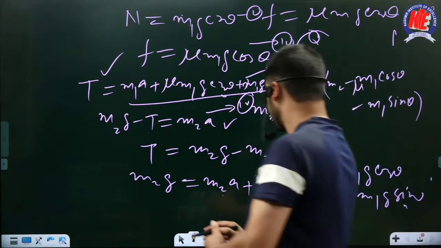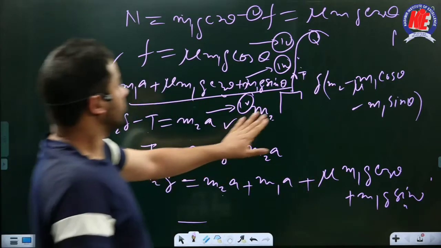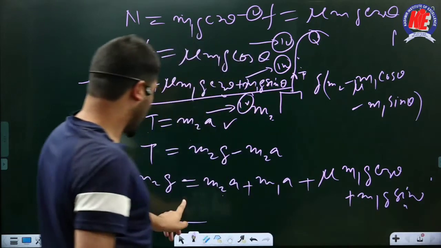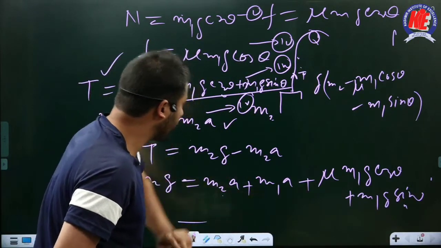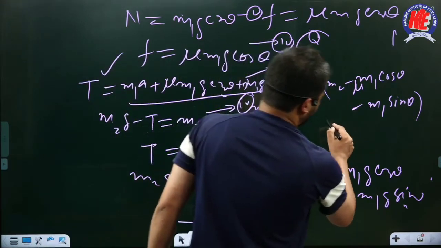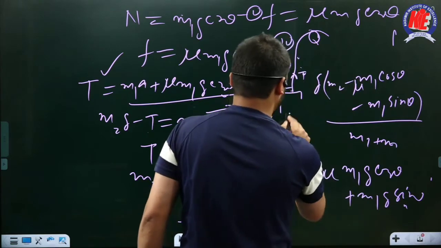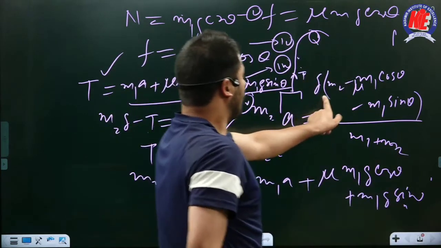I'm just talking about the last equation I have in hand. The right hand side will be divided by m1 plus m2, and this will be my a. Okay, this will be my value of a here.